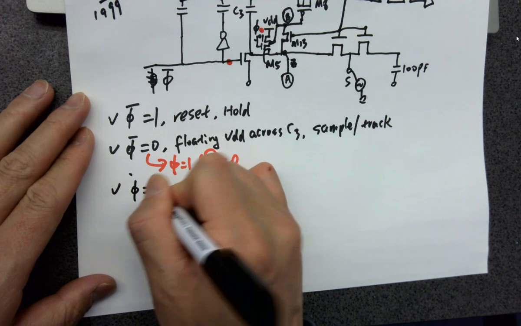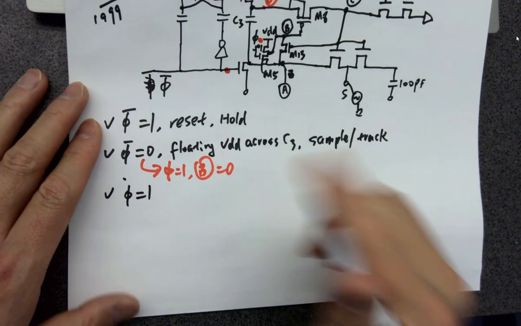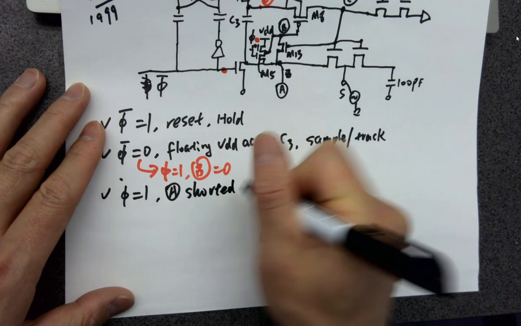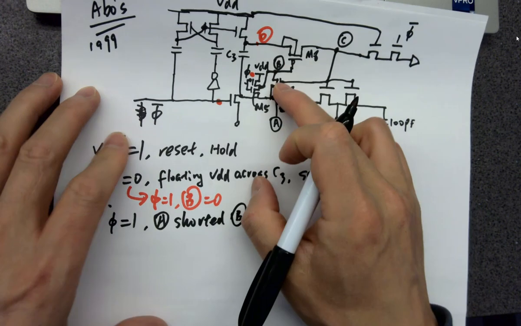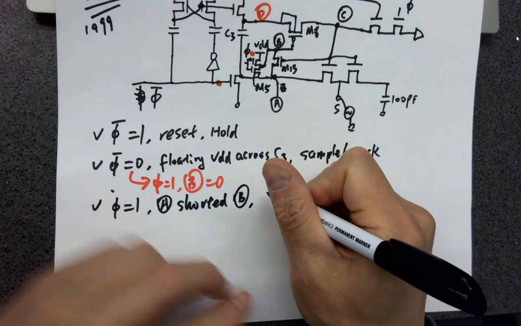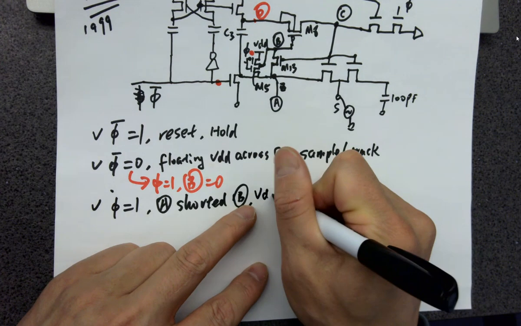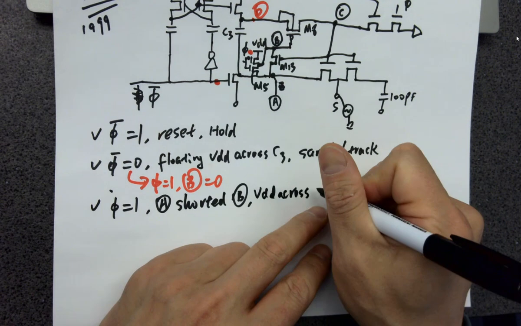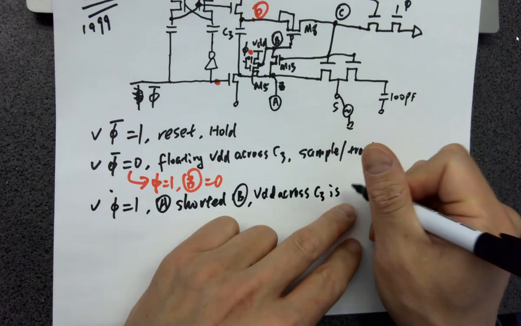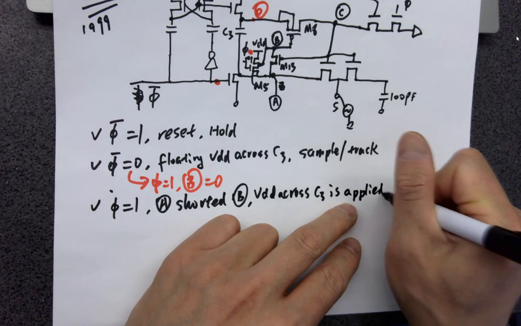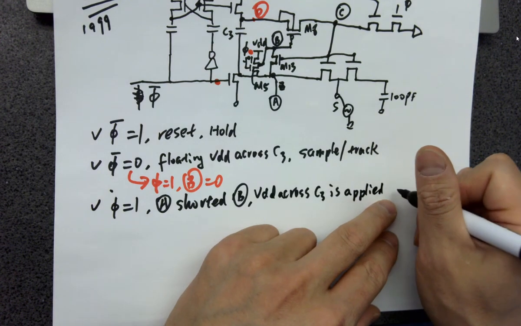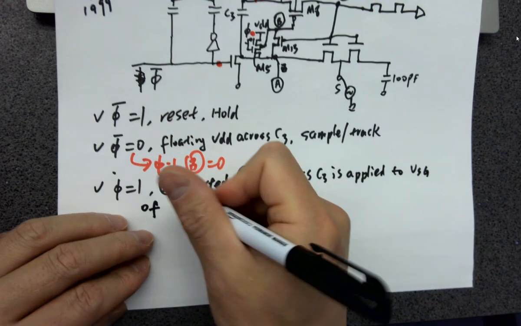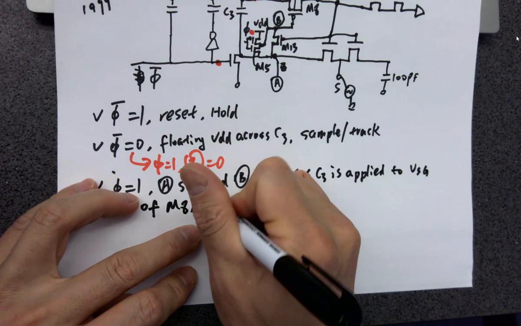So when phi is 1, A is shorted to B, and VDD across C3 is applied to VSG of MA. So MA is on.